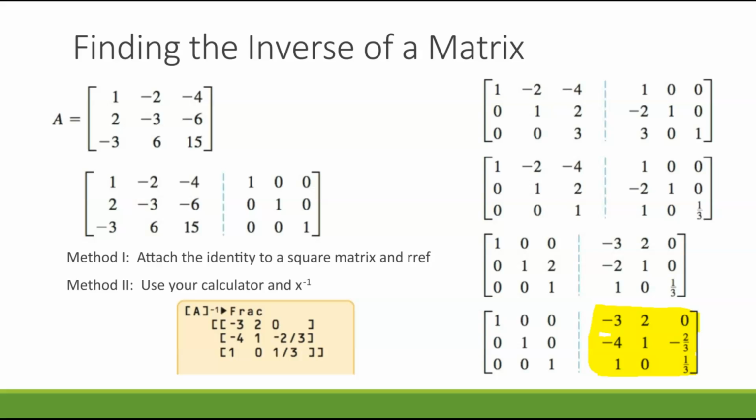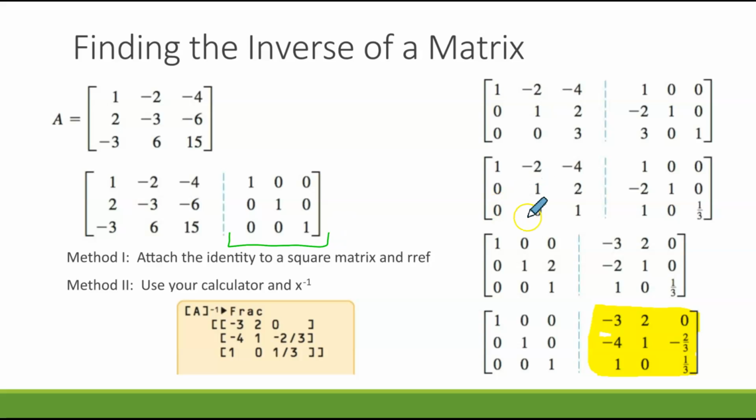Now, what if I wanted to find the inverse? Let's say we just have one matrix, matrix A, and I want to find the inverse to matrix A. These are steps that you would do by hand. You would augment your original matrix with the identity matrix. You would perform row operations.